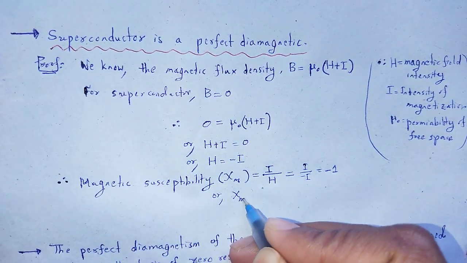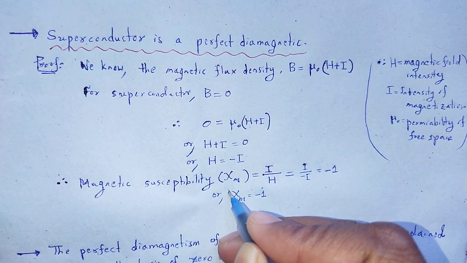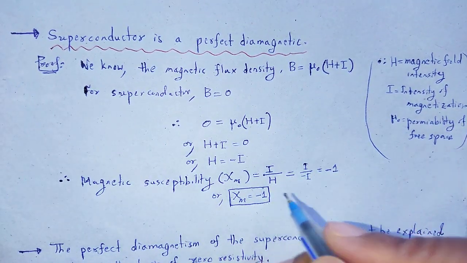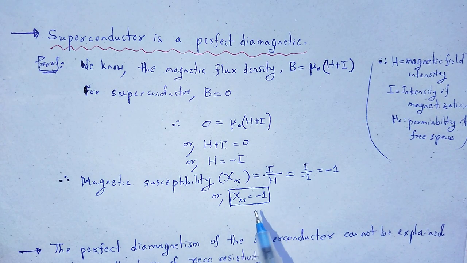As magnetic susceptibility is equal to minus 1, that indicates the negative susceptibility is nothing but the characteristic of diamagnetism.